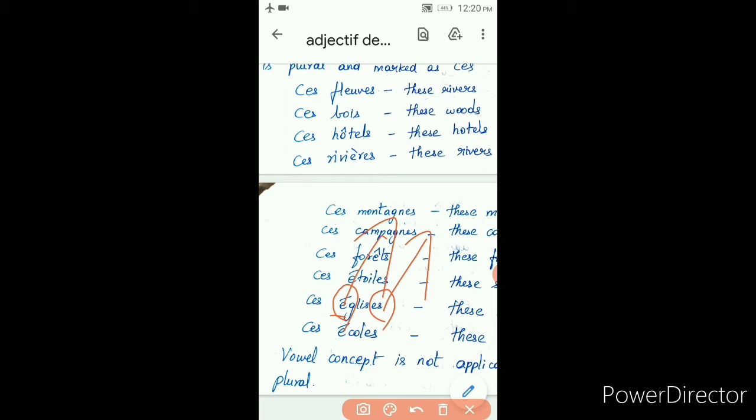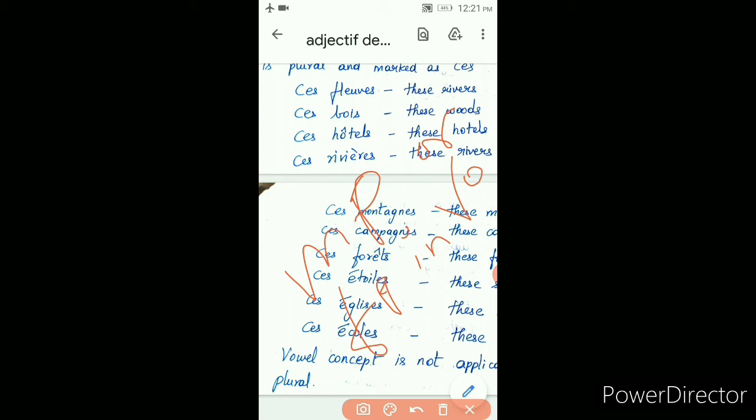It is starting with e, so vowel. It is ending with es, it is plural. So the vowel concept is not applicable for plural. Similarly for école, it is starting with a vowel and it is plural. So the vowel concept is not applicable, either for masculine plural or feminine plural.